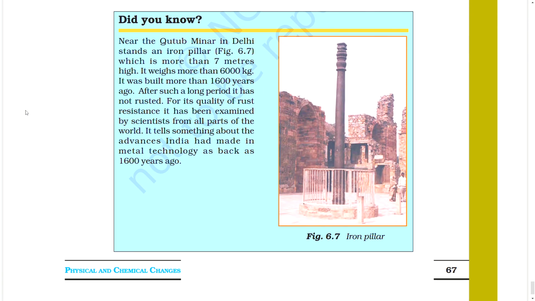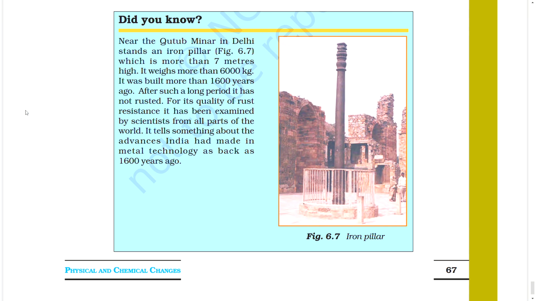Did you know, near the Qutub Minar in Delhi stands an iron pillar which is more than 7 meters high. It weighs more than 6,000 kg. It was built more than 1600 years ago. After such a long period, it has not rusted.